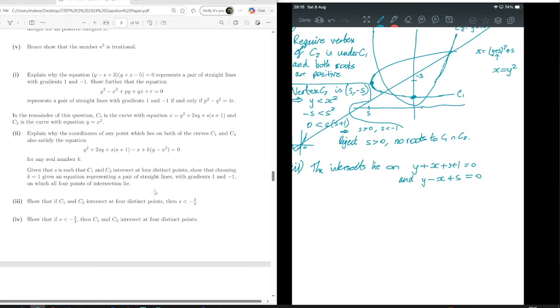So basically what I can do now is sub these back into one of the originals to try and find the quadratics that come from each of those, simultaneously with C2, to give quadratics.